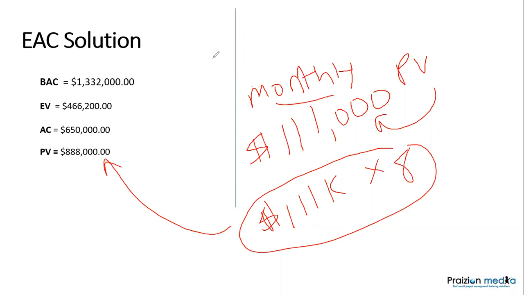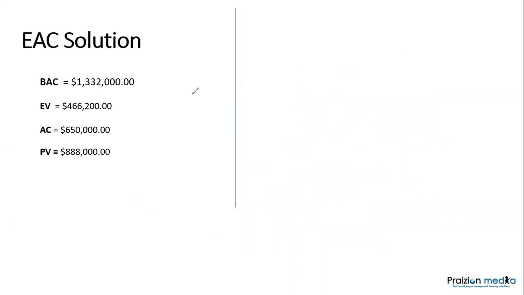All right, good. So proceeding further with the question, we then divide EV divided by AC, and we get 0.72.